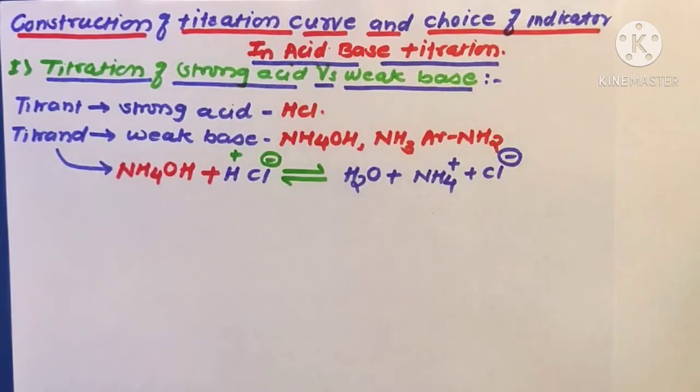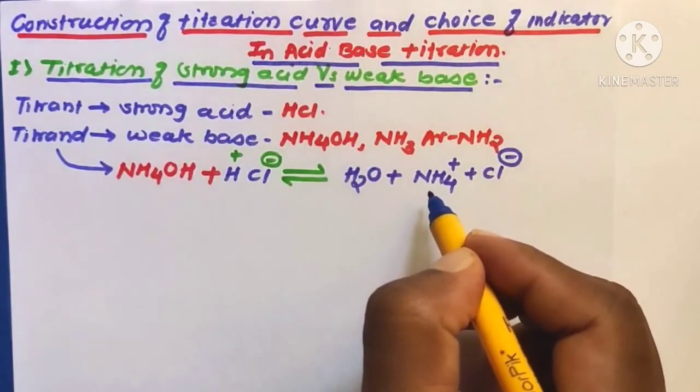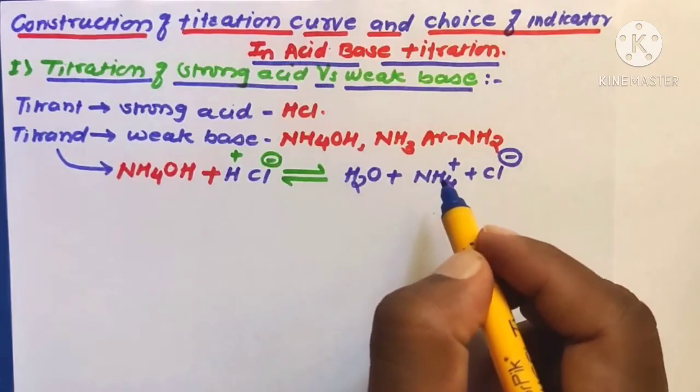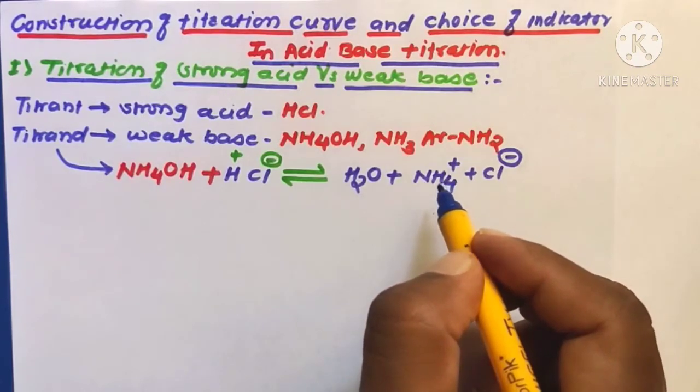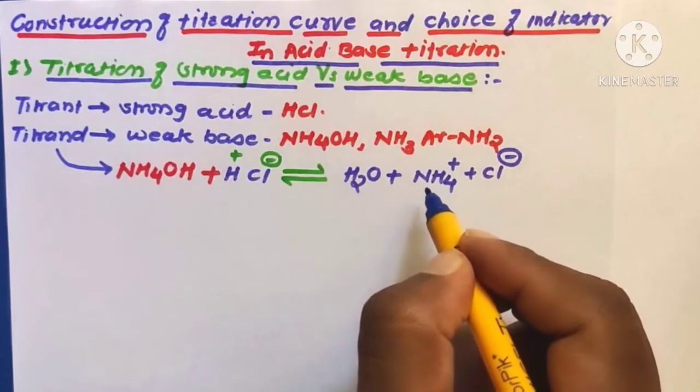At the equivalence point of the solution, ammonium chloride, that is NH4Cl, is present in the conical flask. Due to hydrolysis of the salt, the solution at the equivalence point will be acidic. Therefore, the pH will be less than 7.